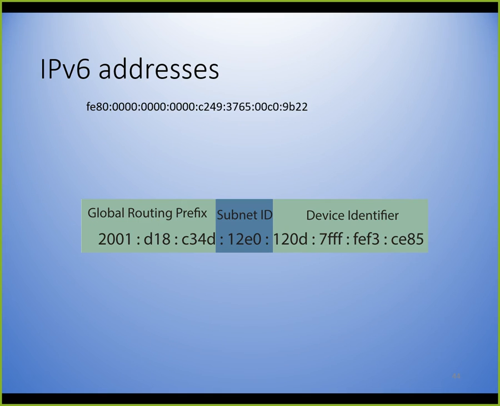The IPv6, this is what one looks like. The one up there at the top is called FE80. It's called a link local address. All link local addresses start with FE80. They're not MAC addresses, but they're used for local communication.